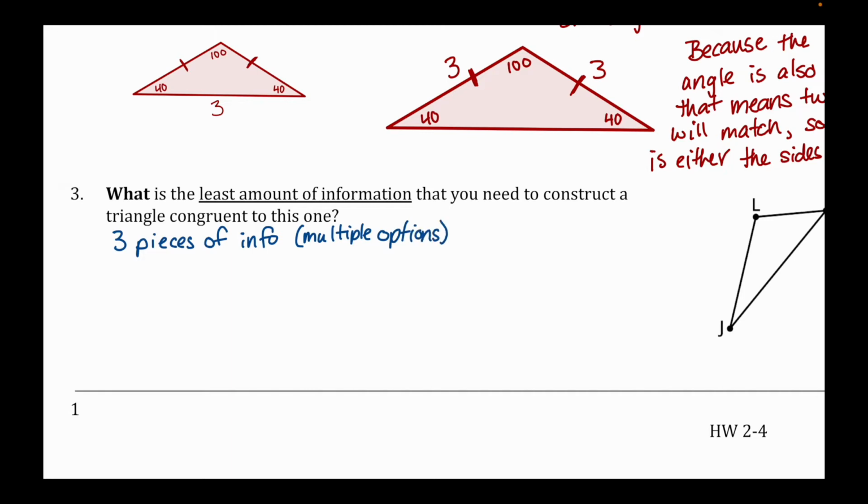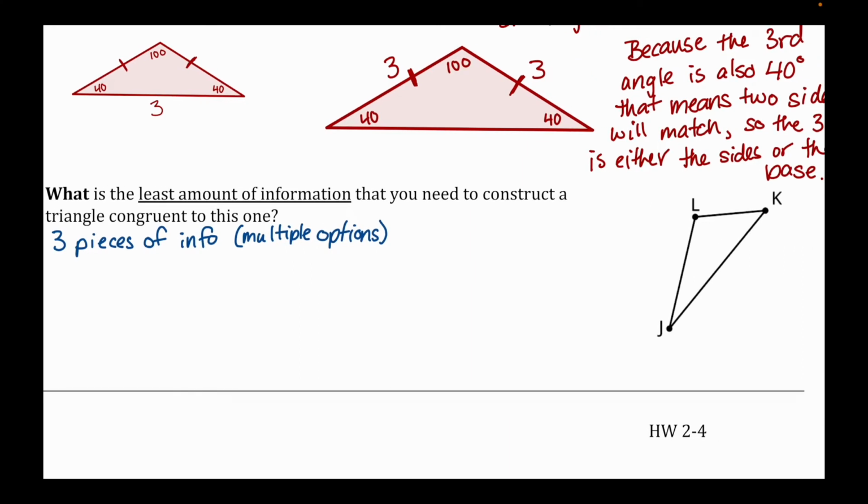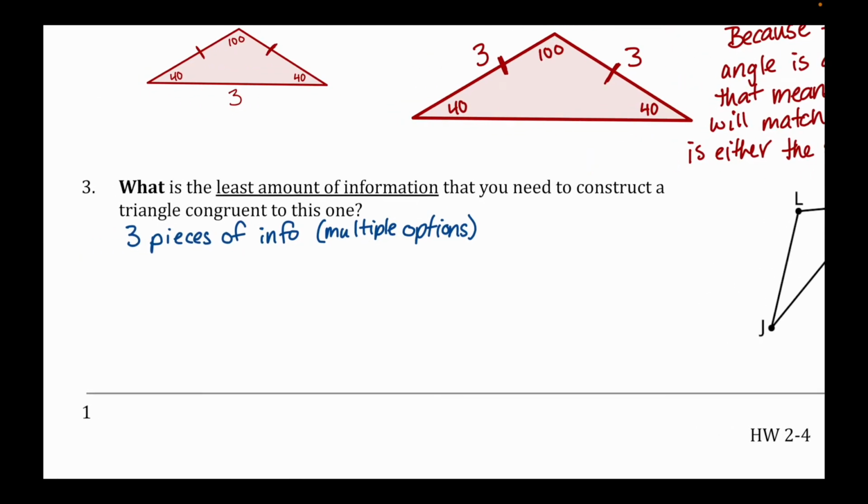But there's multiple options. You could be very specific and say, I need to know the length of LK and KJ and JL. But I'm going to be a little bit more general here.